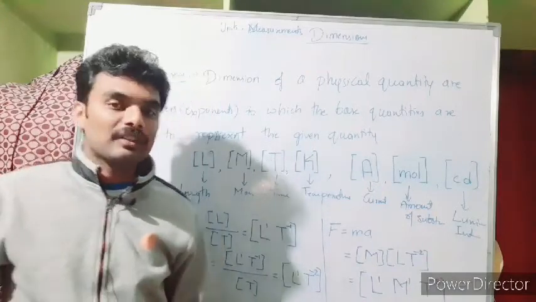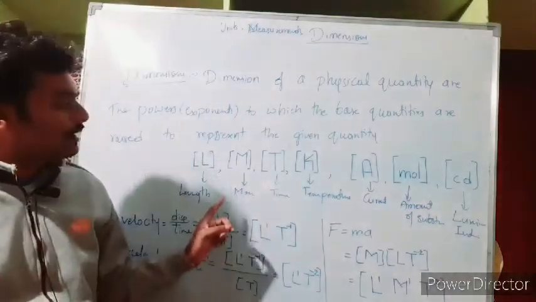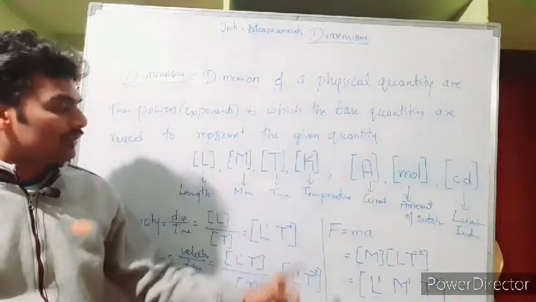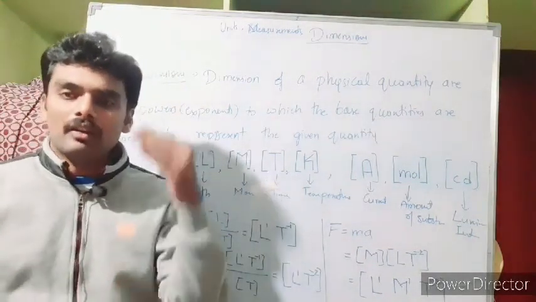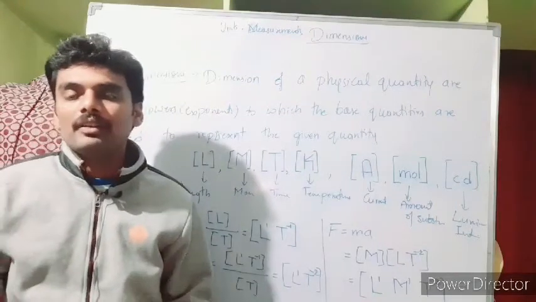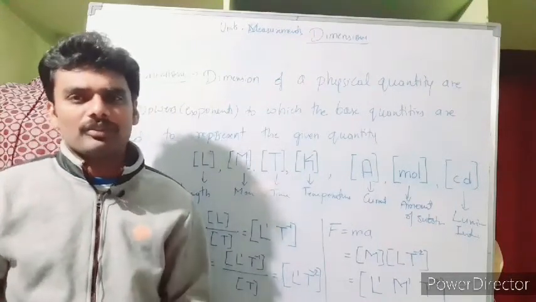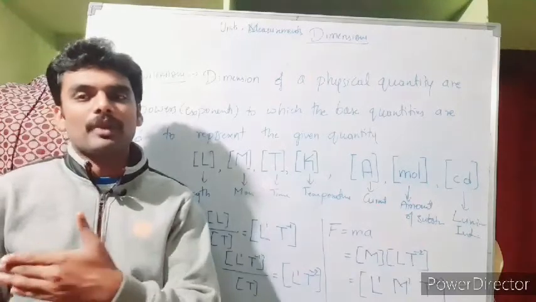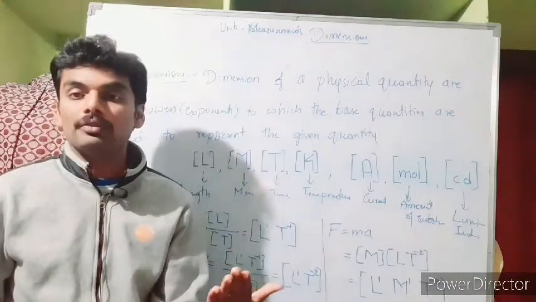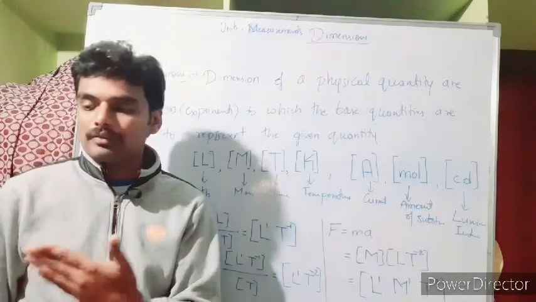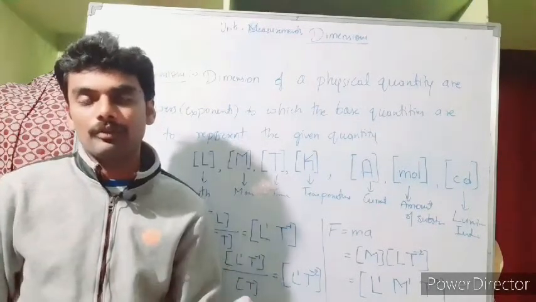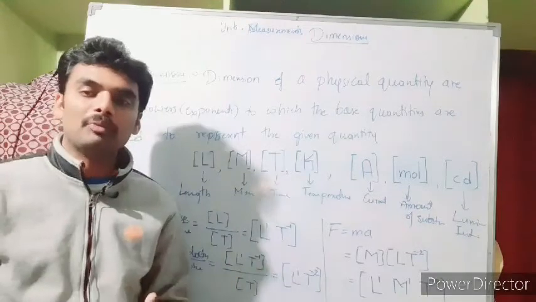So these are a few examples of dimensions of different physical quantities. In NCERT you will find a lot of dimensions given. You don't need to memorize all those dimensions, because by the end of the course we will be looking into various formulae.